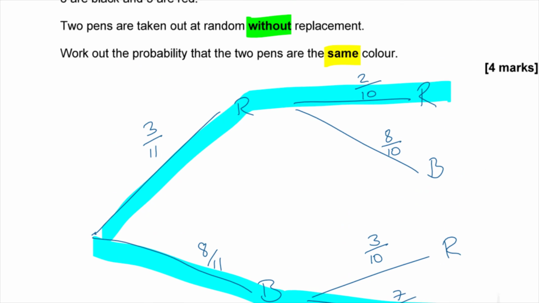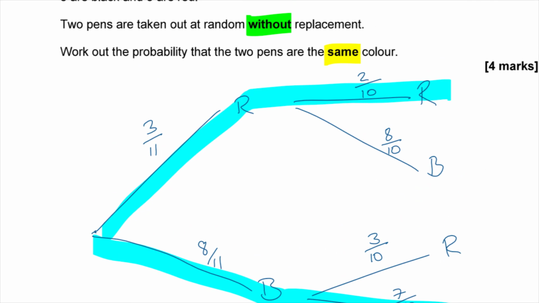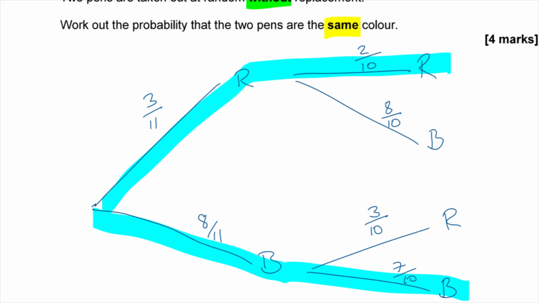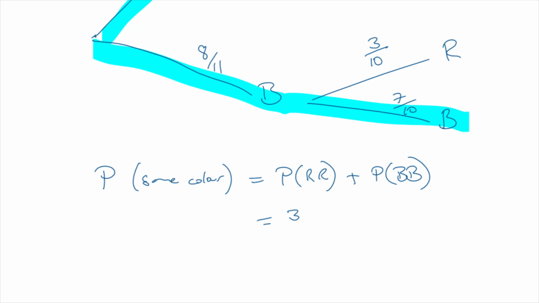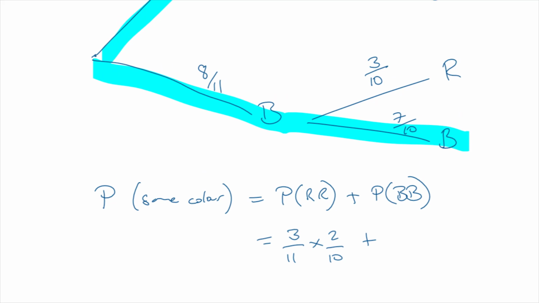Now red, red is my top route, so that's 3/11ths times 2/10 plus my probability of black, black is going to be 8/11ths times 7/10.